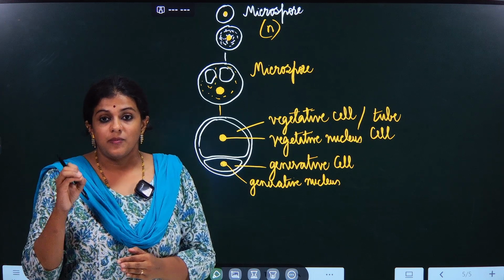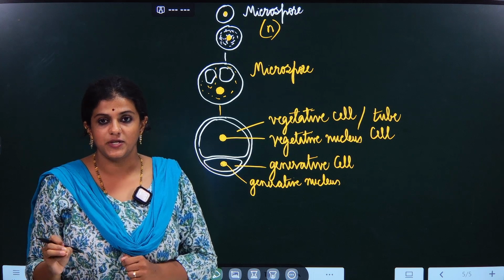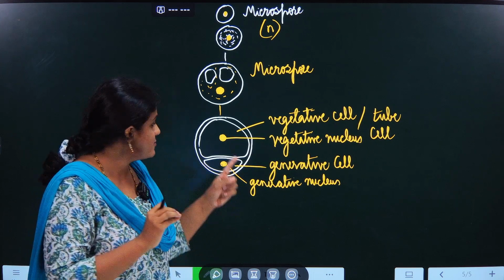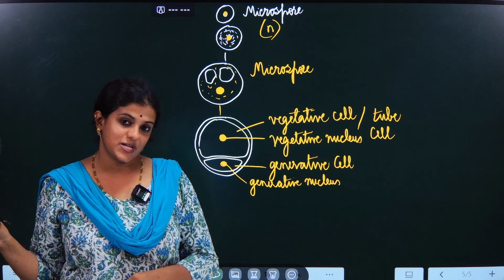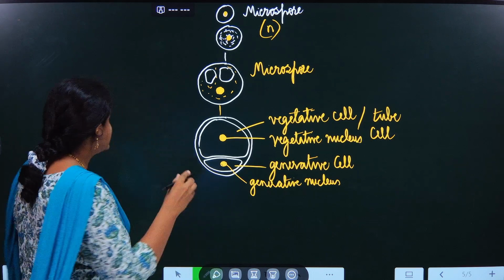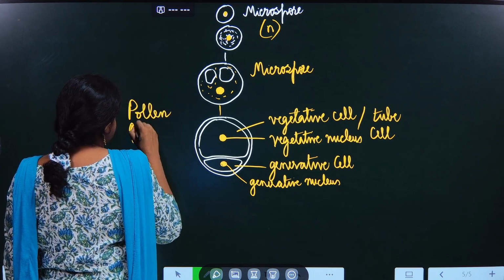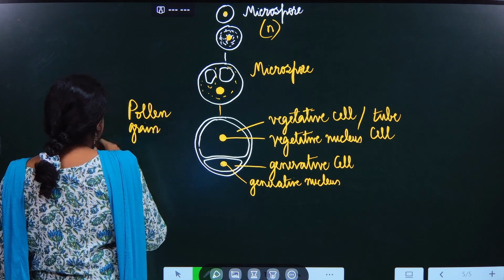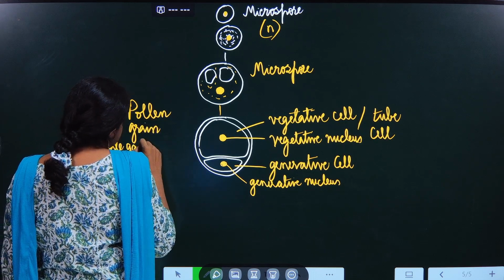Now, the moment the microspore has undergone mitosis and produced two cells, we no more call it a microspore. It is now called a pollen grain, or the male gametophyte.